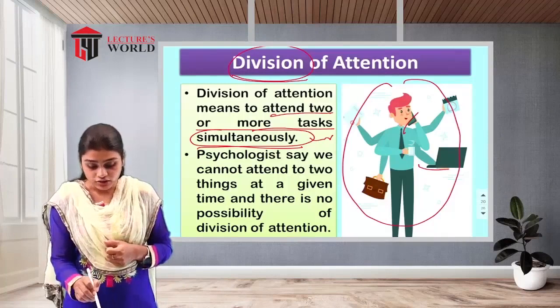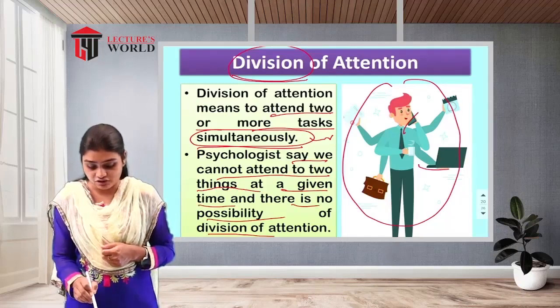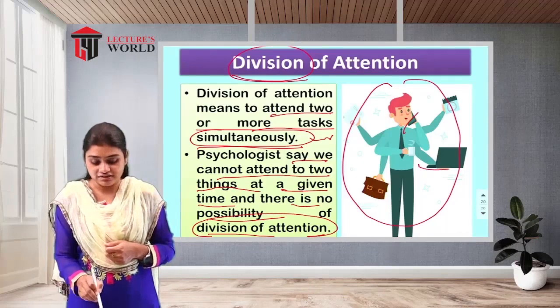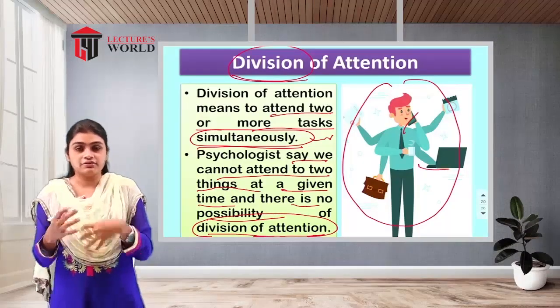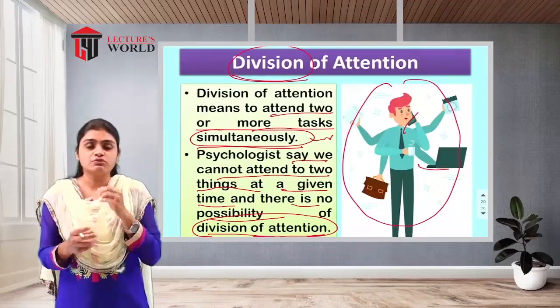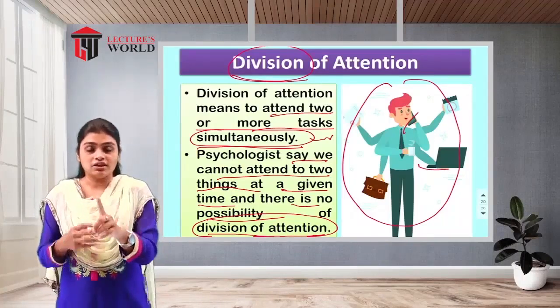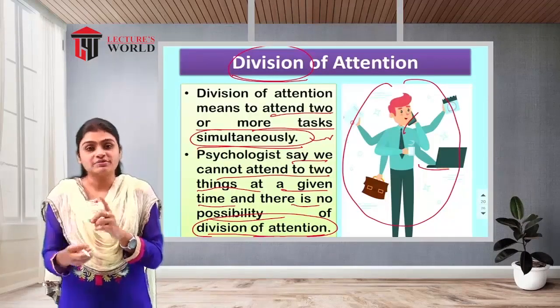For this, psychologists say we cannot attend to two things at a given time and there is no possibility of division of attention. That means, practically, a human being won't be able to give attention to more than two items at the same time.